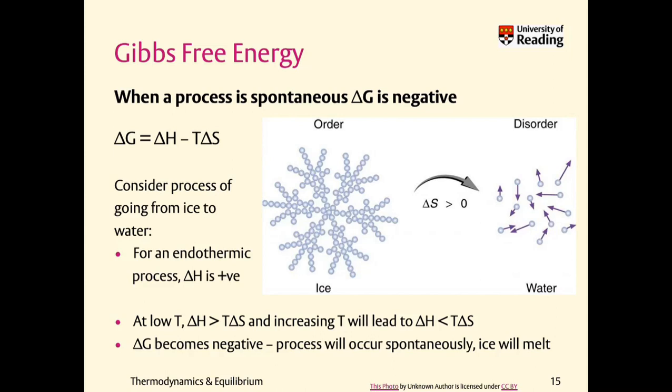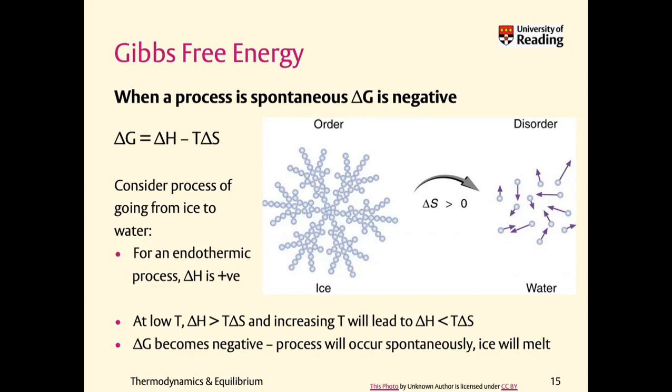Delta H is positive. At low temperature, the positive change in enthalpy is larger than the negative contribution that we get from minus T delta S. Delta H is greater than T delta S. And so delta G is positive and the ice doesn't melt.